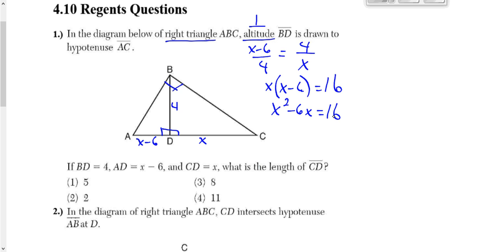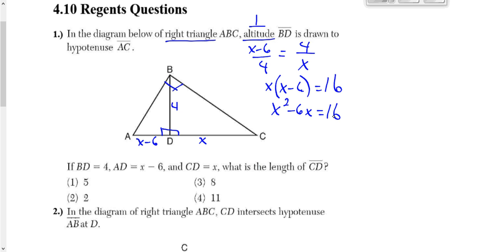Who knows what we do now from algebra? Combine like terms. There are no like terms to combine. What like terms are you thinking to combine? X squared and x? Are they like terms? They are not like terms. They have different exponents.